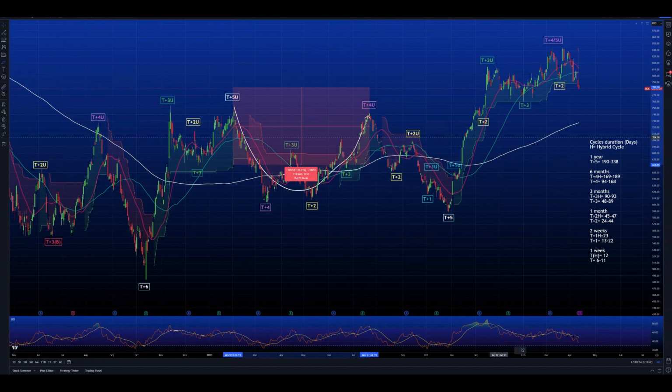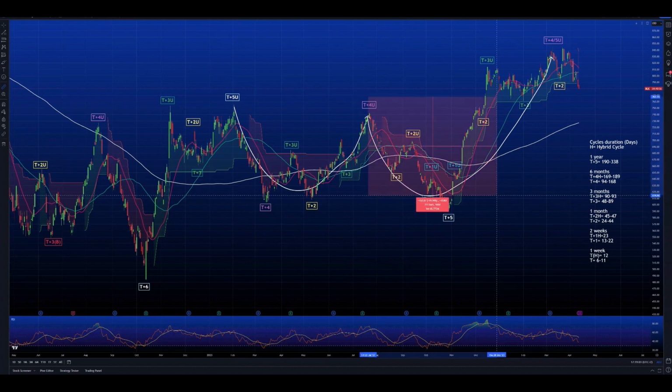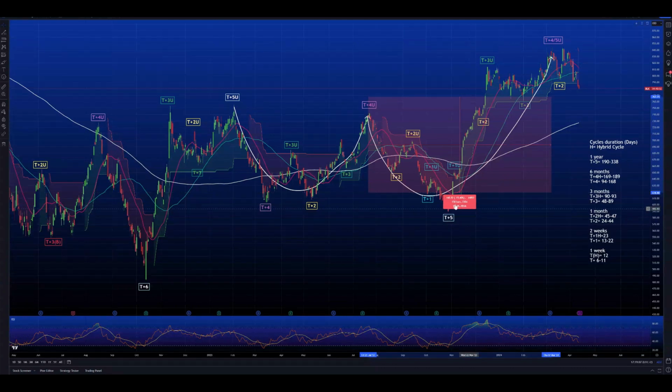And from that T plus 4, we have had a second upward 6-month cycle with a total duration of 158 days.